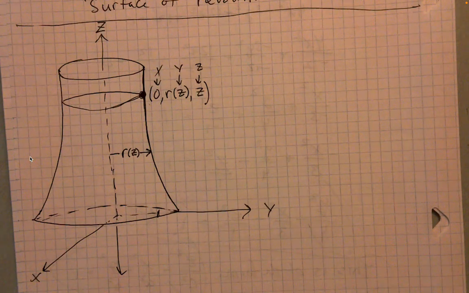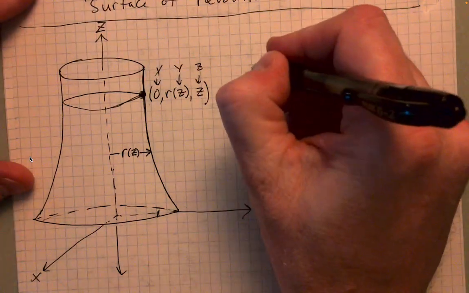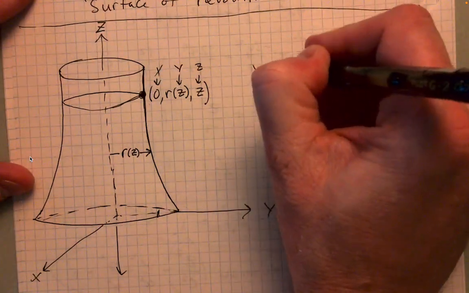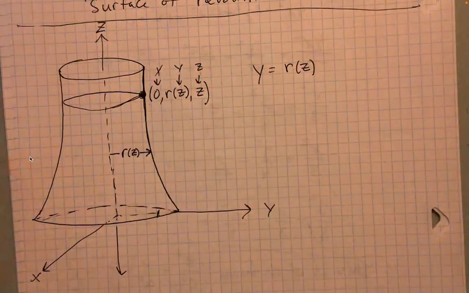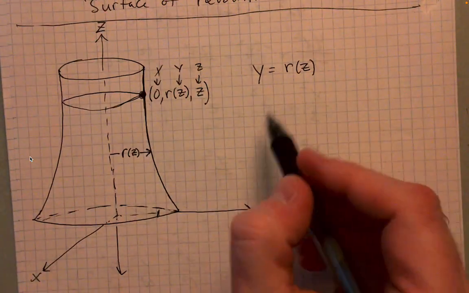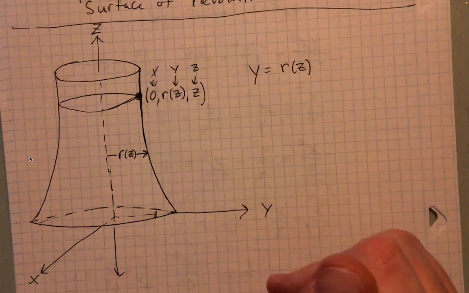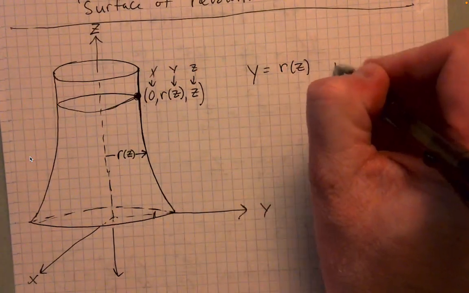To find the equation of this type of surface, you really do need to begin with the graph of the radius function. In this case, the radius function is y equals r of z, in the yz plane as well.